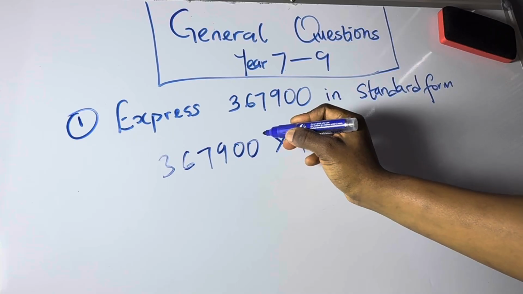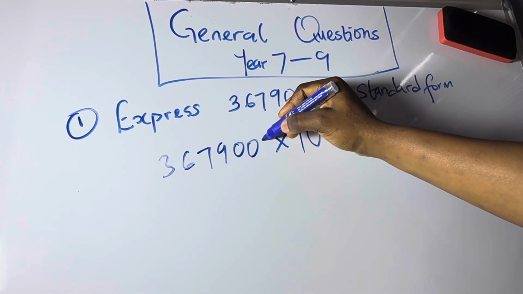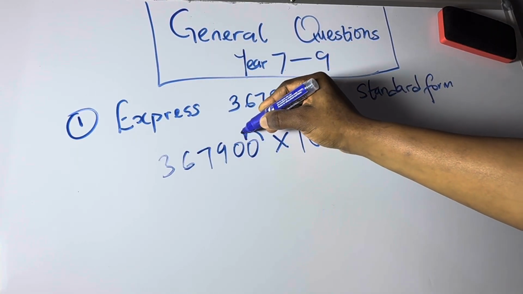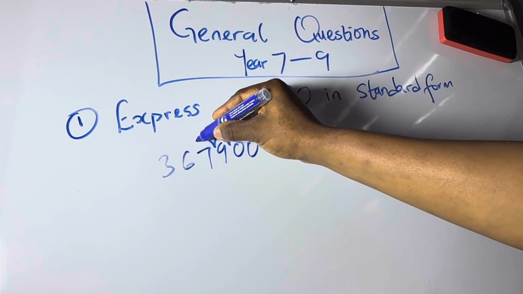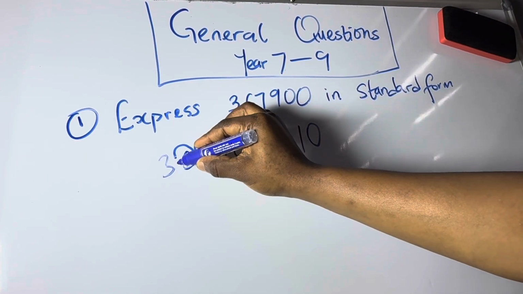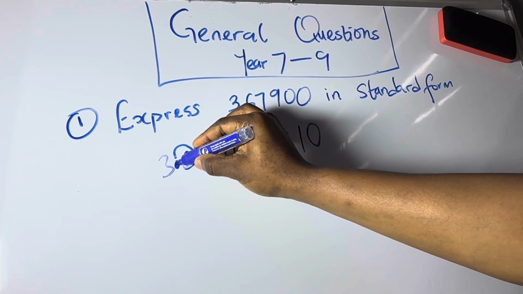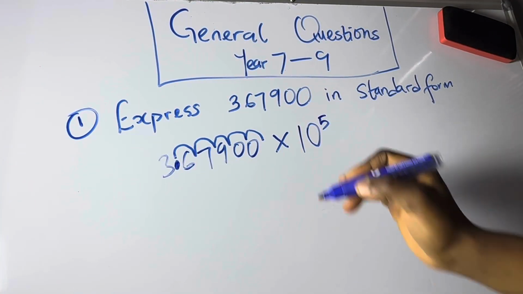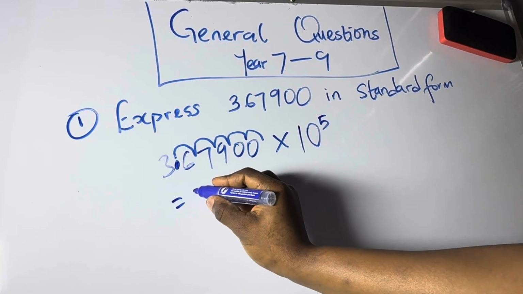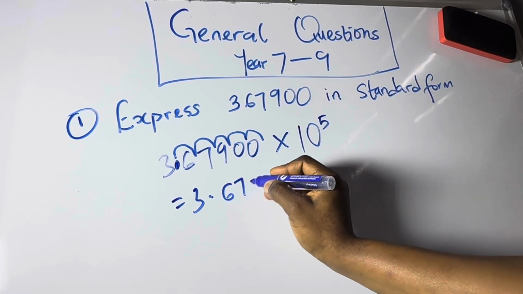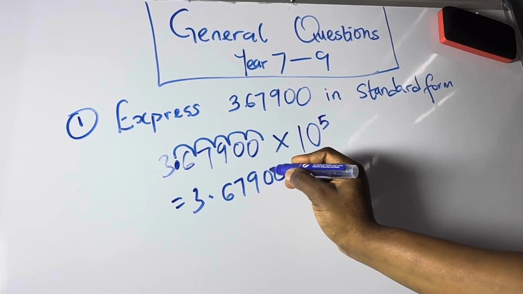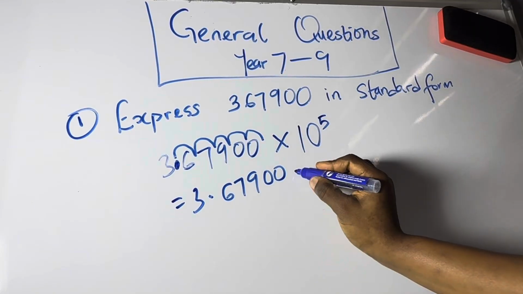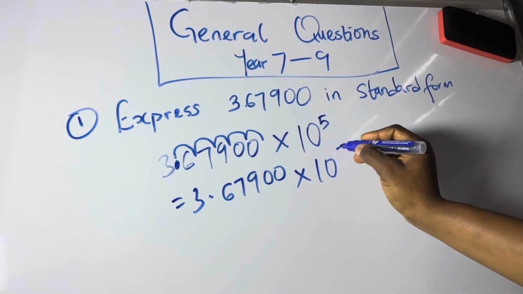To get the power, you need to count from this end: 1, 2, 3, 4, 5. Now, this is where the point stopped. So that's 10 raised to the power of 5, which is the same as 3.67900 times 10 raised to the power of 5.